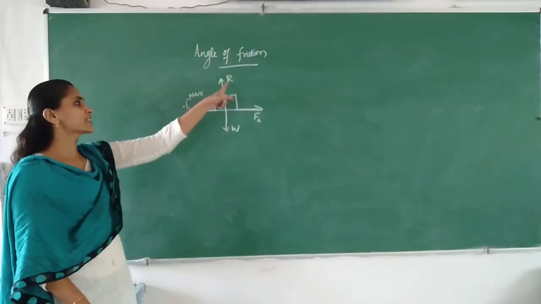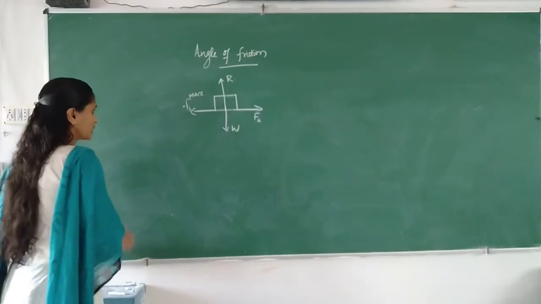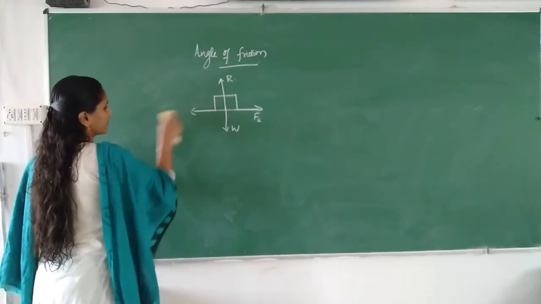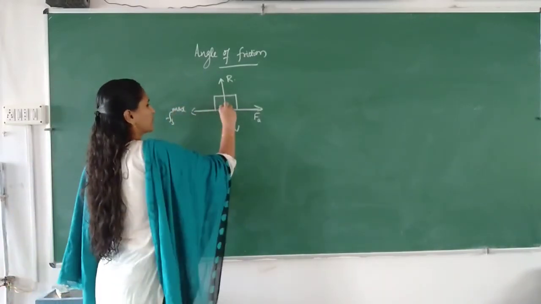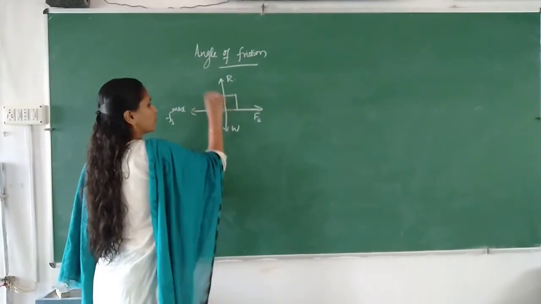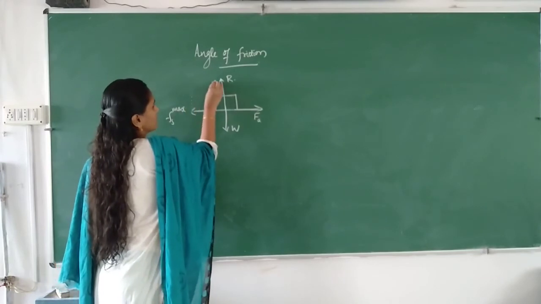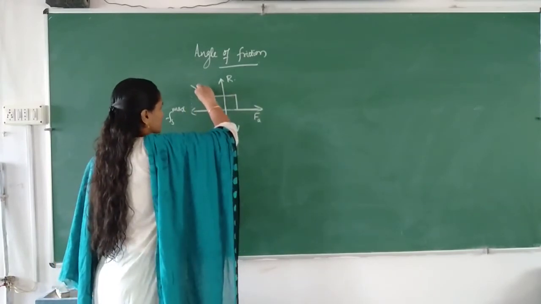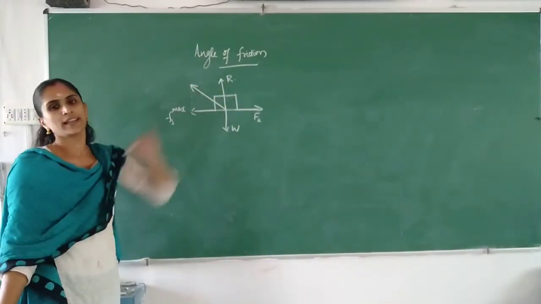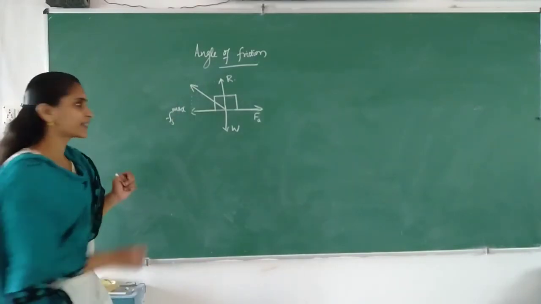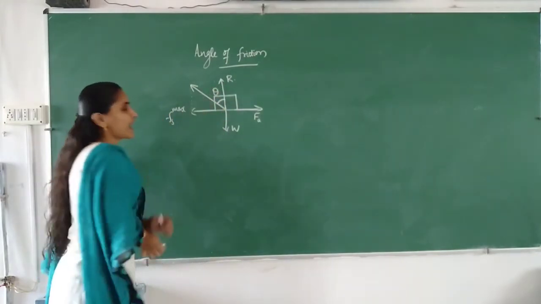If we find the resultant of normal reaction and Fs max, we can draw a parallelogram, which here is a rectangle. This is the resultant of Fs max and R. This resultant makes an angle with normal reaction, and that angle is known as angle of friction.